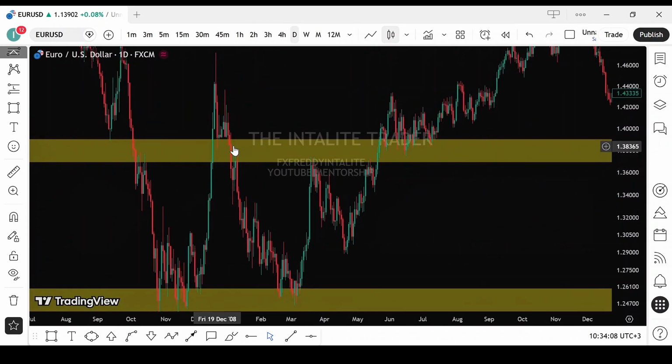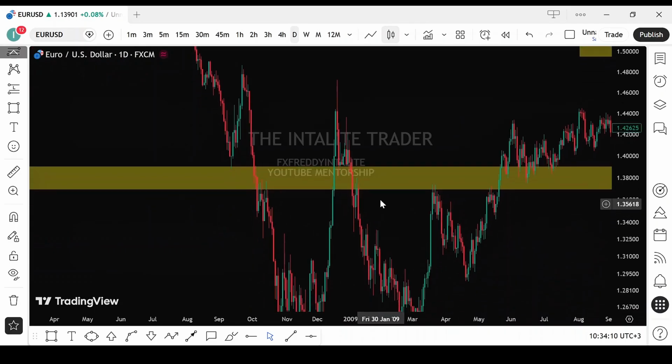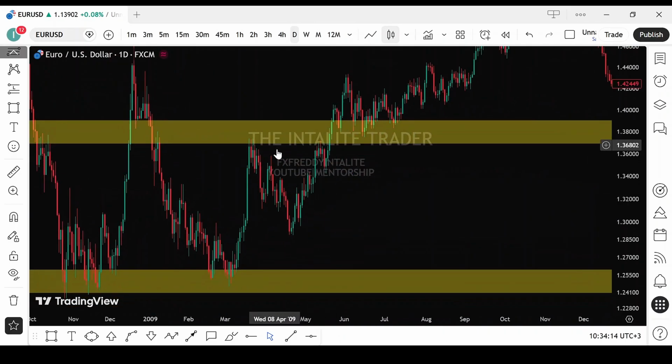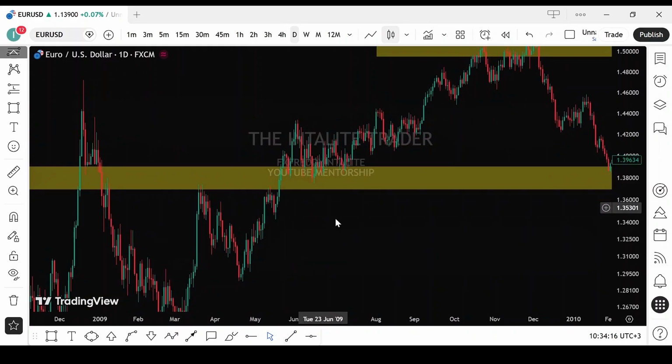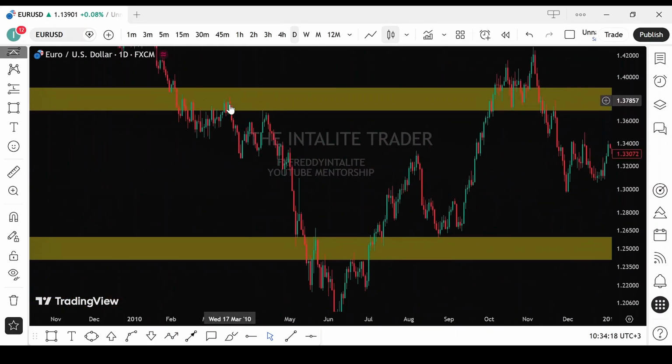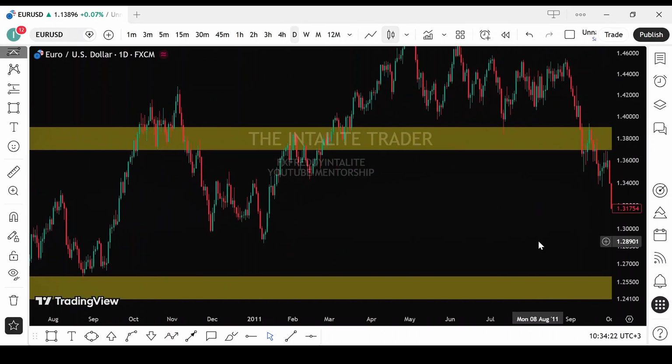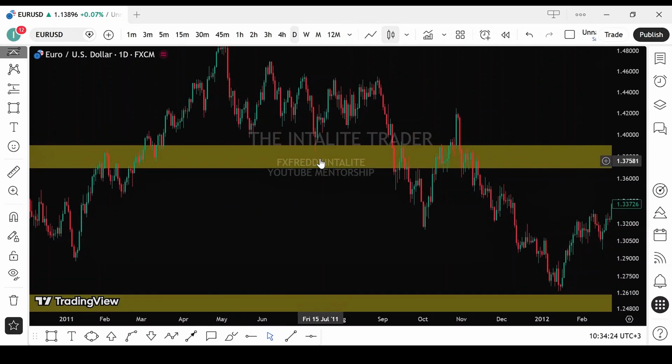Price is respecting the levels. You can see price tapped into the level, it tapped in here, it respected it, it respected the same level here.